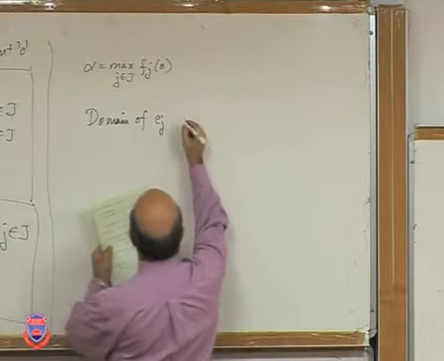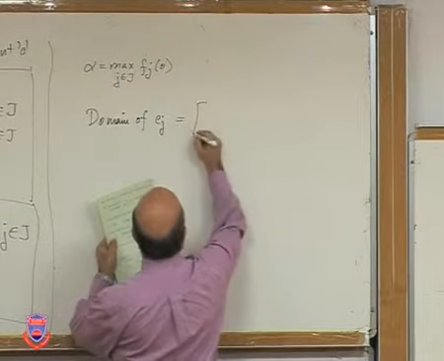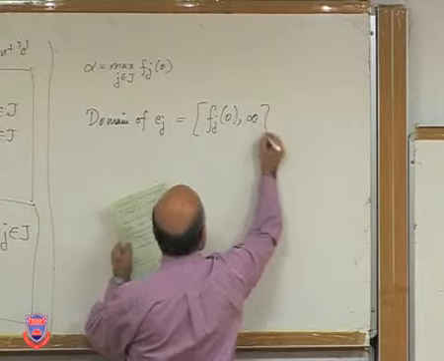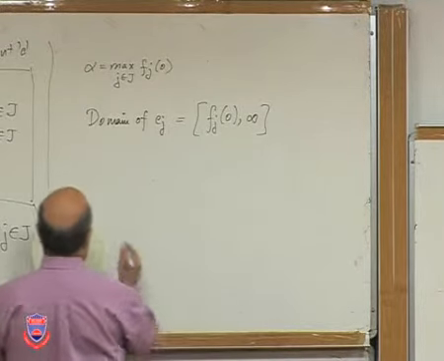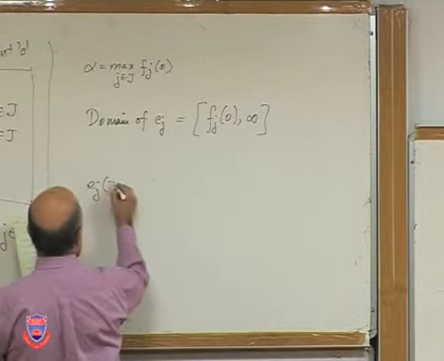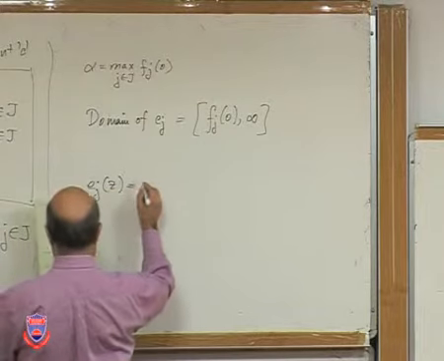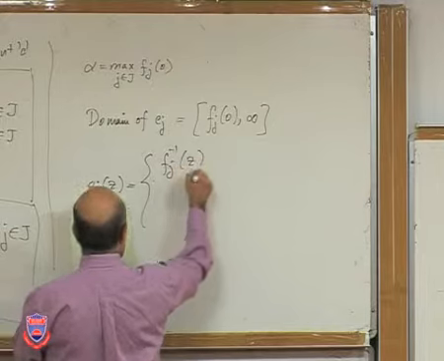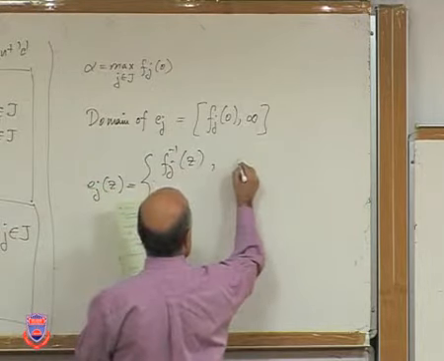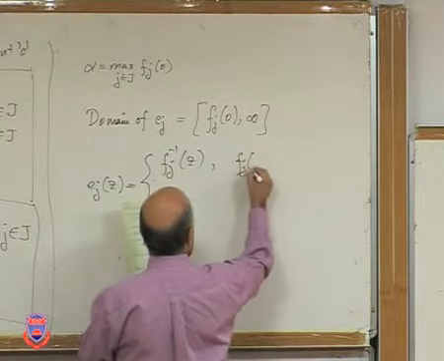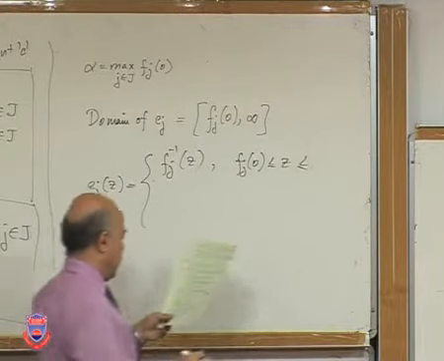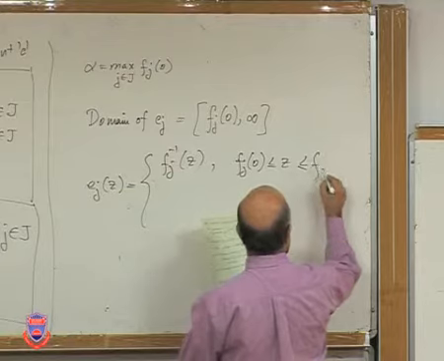Domain of the function ej is from fj0 to infinity, and ej of z, due to the definition, is equal to fj inverse of z if z is between fj0 and fj uj.